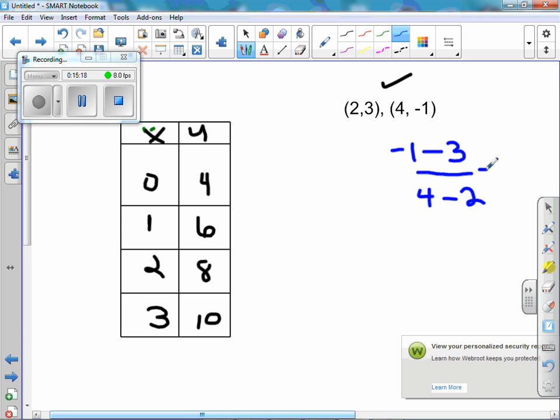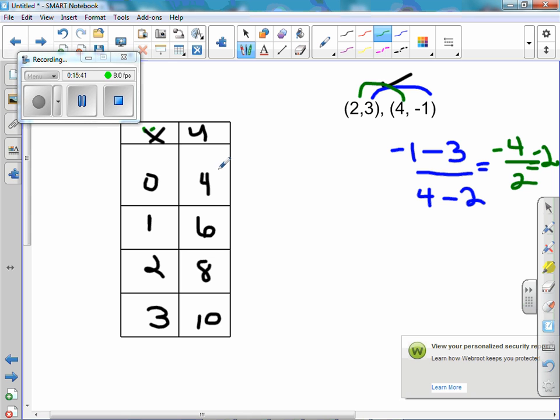So all I did was just subtract. If you see what I've done, subtracted here, and then I subtracted these, okay? So it's rise over run, so I have to put them underneath each other. So the slope here is a negative 4 over 2, or we can say this is a negative 2. I'm running out of room, but you got it right there.